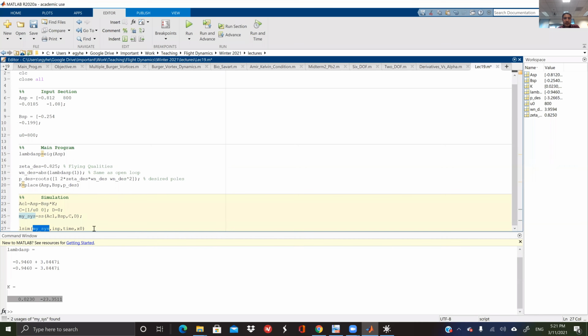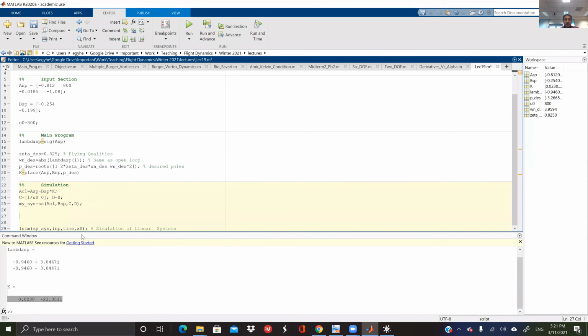So the first entry here in the command lsim does linear simulation, or simulation of linear systems. Okay, so I defined my system. What else do you need for the simulation? I need the input. What input are you going to give? It depends on what simulation you want to achieve.